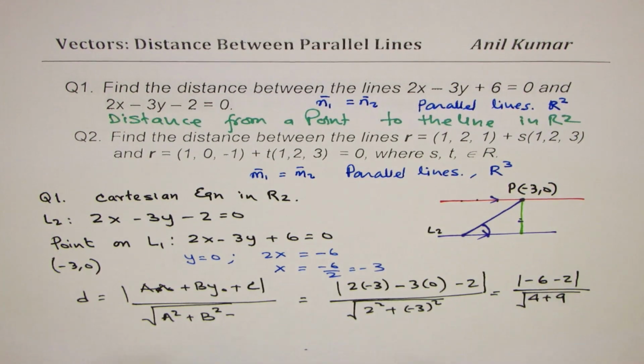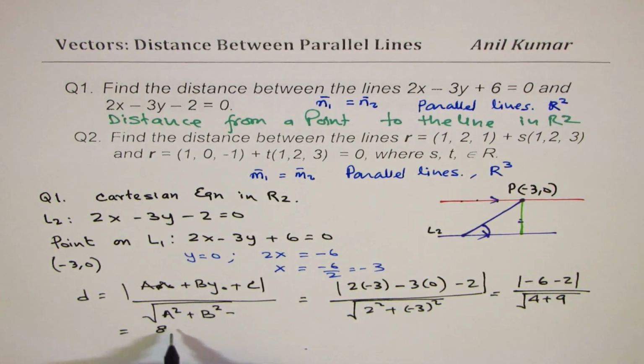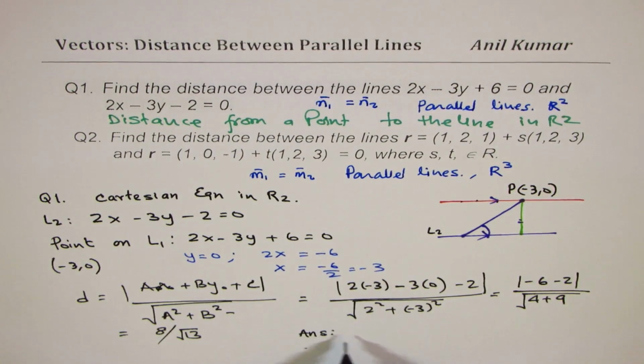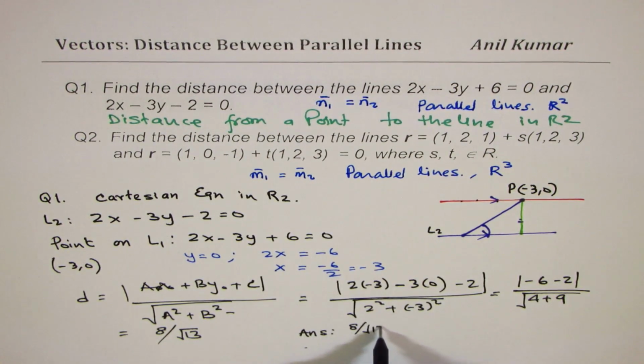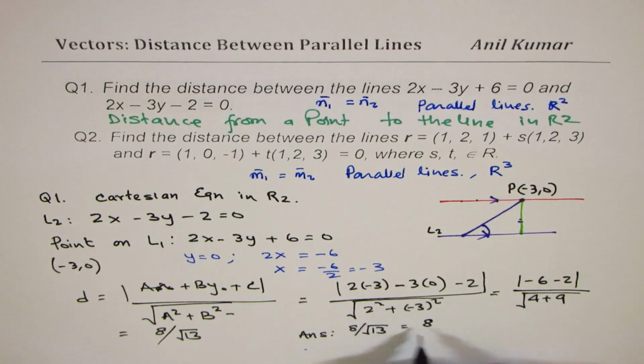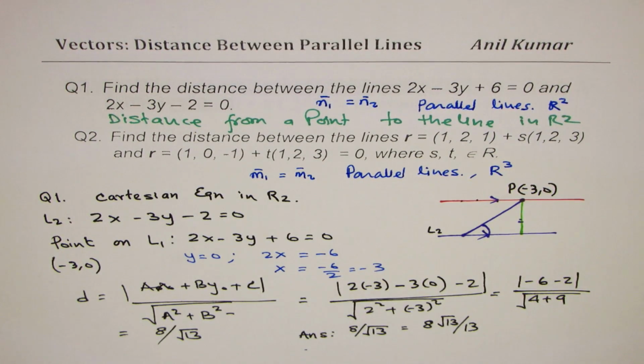Absolute value makes it positive 8. So we get 8 over square root of 13 as the answer. You could find the decimal value, or rationalize and write this as 8 square root 13 over 13, right? So I hope that is clear.